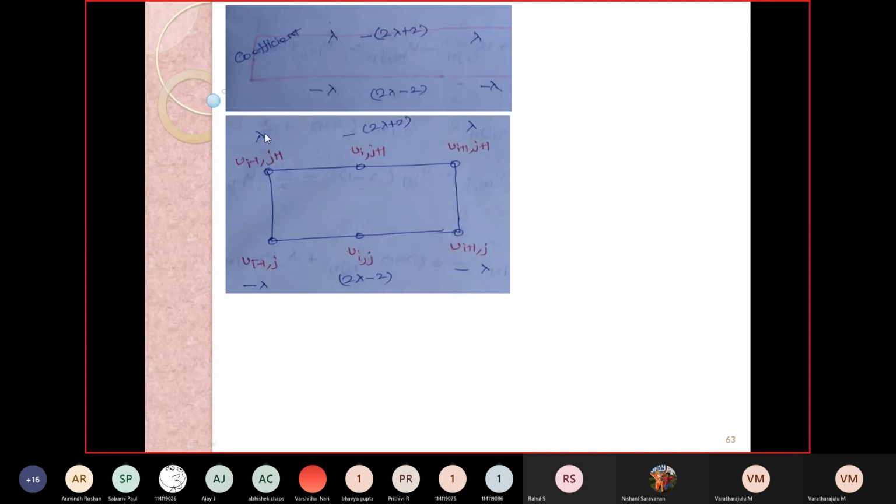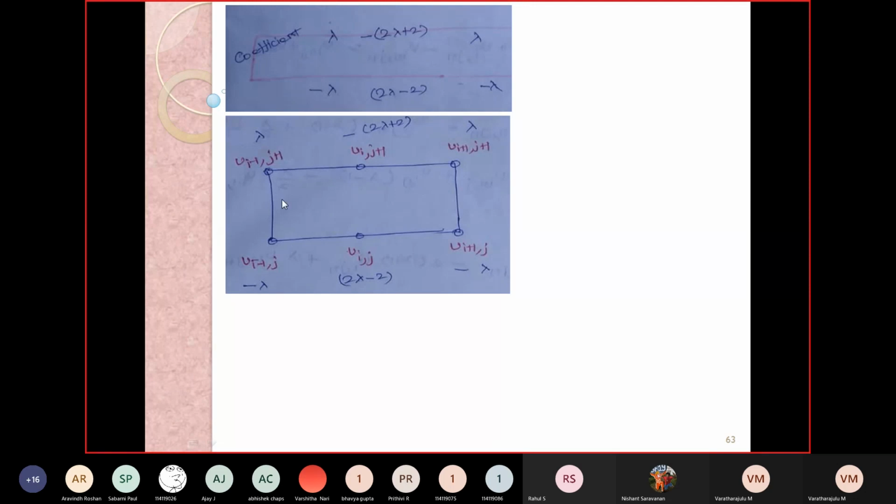This is what we need to remember for the Crank Nicolson formula. Please remember this structure. By remembering this feature, we can get the Crank Nicolson formula.